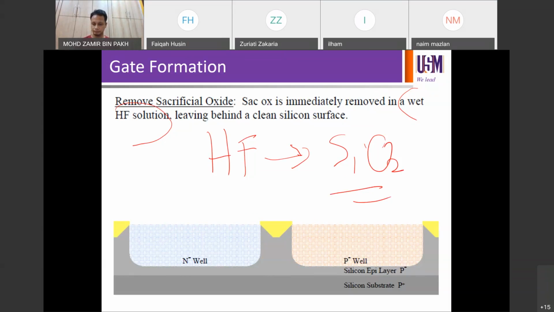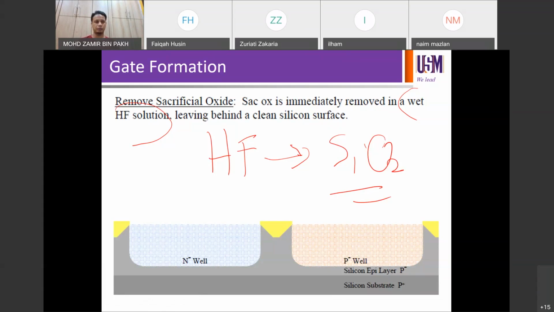Anyone? ISO, right? Yeah, isotropic, which means it will etch the silicon dioxide with equal etch rates in all directions, right?